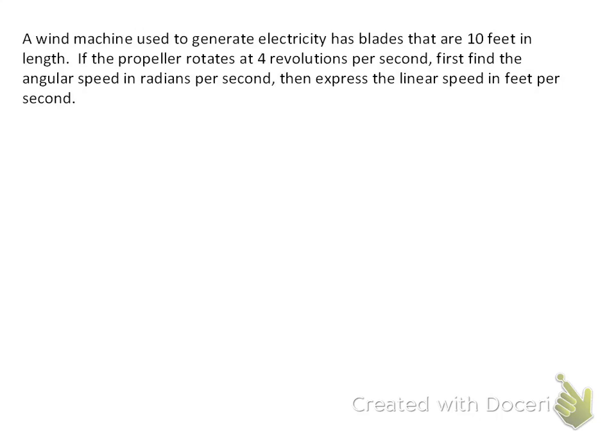It's going to generate electricity. The blades are 10 feet in length, and the propeller rotates 4 revolutions per second. So that means one blade goes around the circle 4 times every second. We're going to leave it in seconds. Okay, we want our final answer in feet per second.